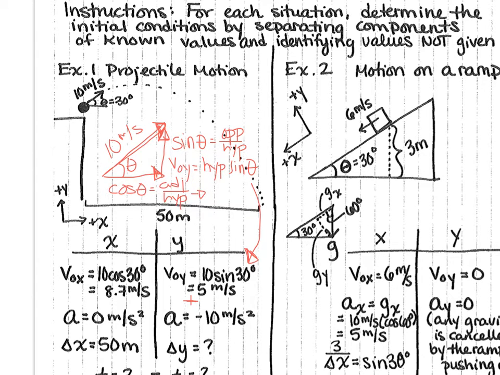So my adjacent side of this triangle, v naught x, is my hypotenuse times cosine theta. And so you're going to use this technique to find the different components of initial velocity every time. 10 cosine 30 gives me 8.7 meters per second, and that's to the right, so it's positive.